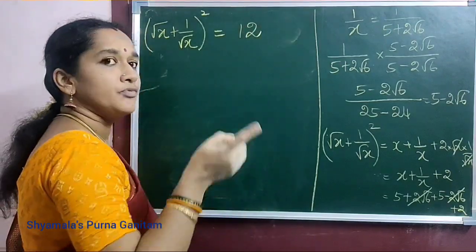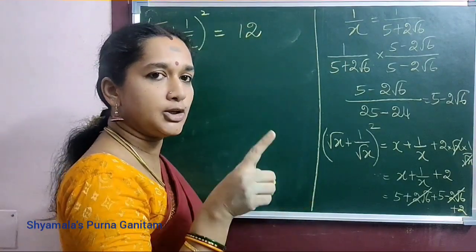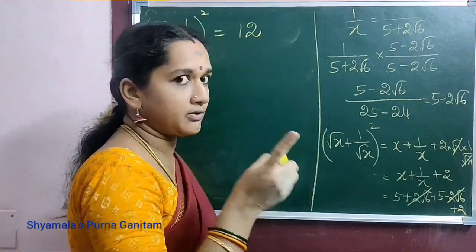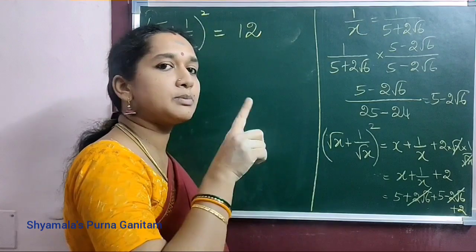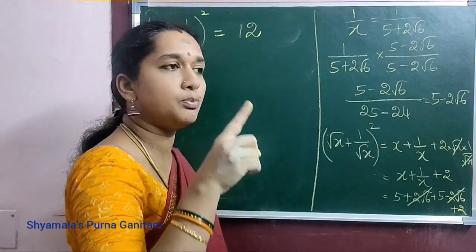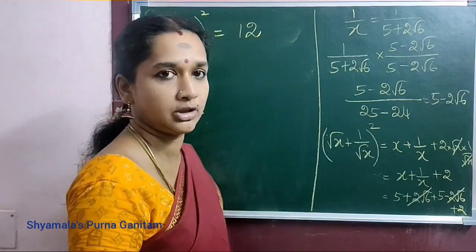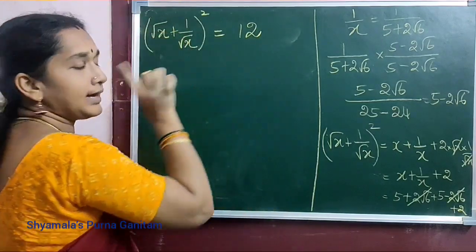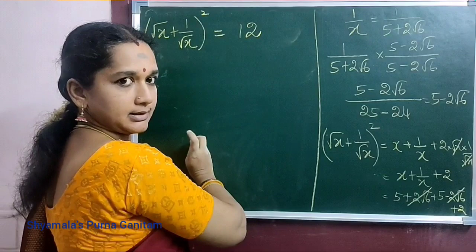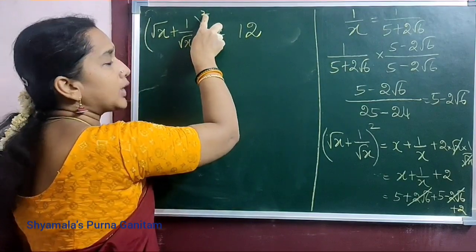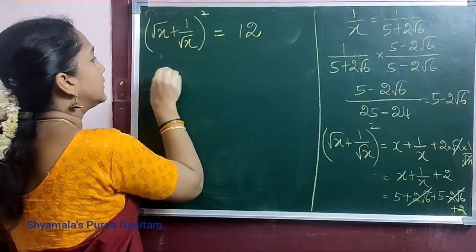But we are asked to show that root x plus 1 by root x is equal to plus or minus 2 root 3. Okay, this one they didn't ask. So, if we take the root of this, the root and the square will get cancelled.